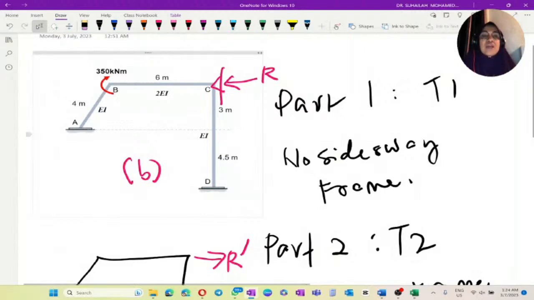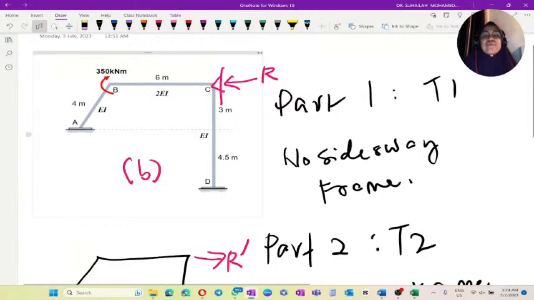Okay, now looking at the diagram, for member AB there is no member load. For member BC, there is no member load. For CD, there is no member load. But we are given an applied moment at joint B.